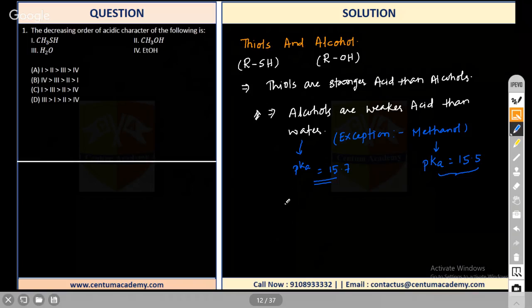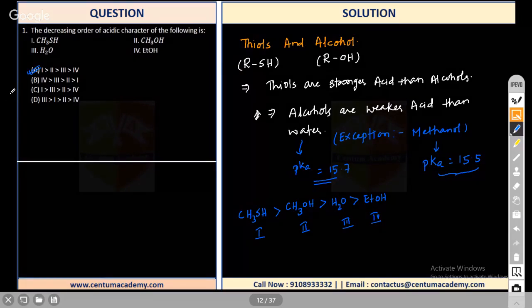So the order of acidity will be: CH3OH is more acidic than water, than any other alcohol. In the last we have ethyl alcohol, EtOH, and before this we have thiol, CH3SH. So first option is correct here.